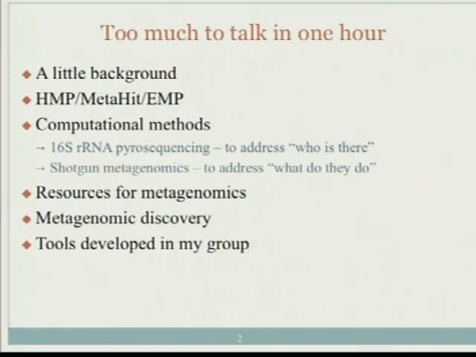But now the throughput is so high that you can afford to get reads for all the different genes in a sample. So you need to do shotgun sequencing to get reads from all the different genes from a sample.